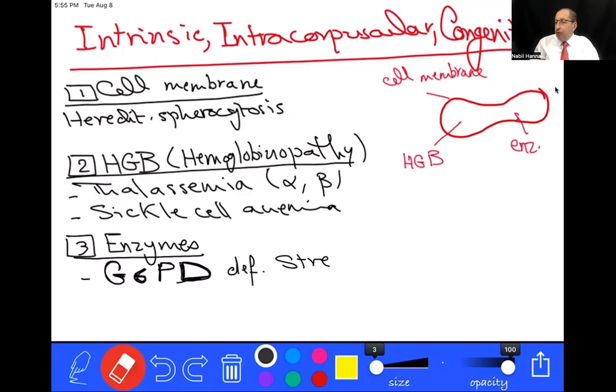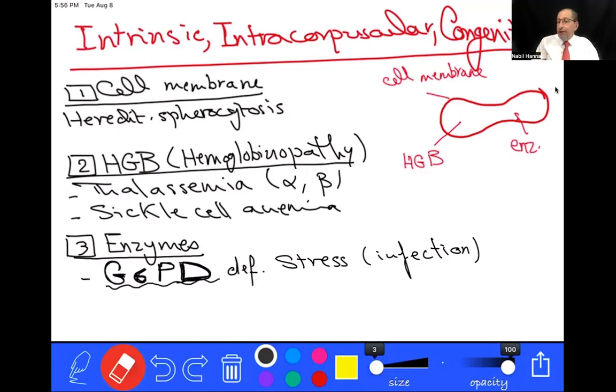And what's the major cause of stress? It is infection. When they get stressed, the red blood cells will hemolyze because they lack the G6PD enzyme.